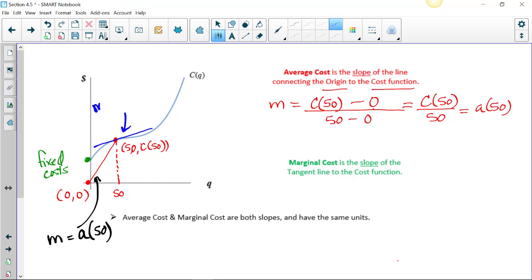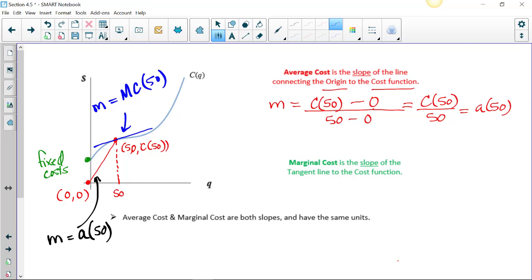The slope of this line would be the marginal cost at 50 item production. So both of them are slopes. Average cost, cost per item. Marginal cost, cost per item. They have the same units.